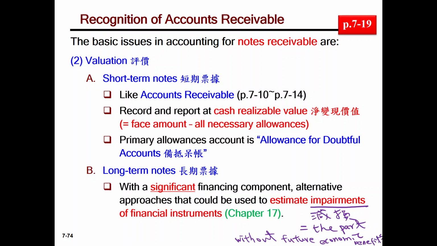Okay, we will mention impairment again in Chapter 11, next semester. Maybe you will, maybe you will not. Okay. No problem.